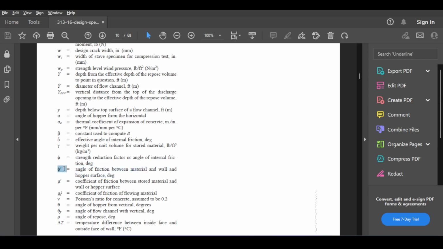And phi prime was used in the sliding calculations where you assume that the angle of friction between soil and concrete is 2/3 multiplied by the soil friction angle. So it's an approximation. Of course you can use this approximation to find the angle of friction between material and hopper surface, and this is exactly what I've done here.